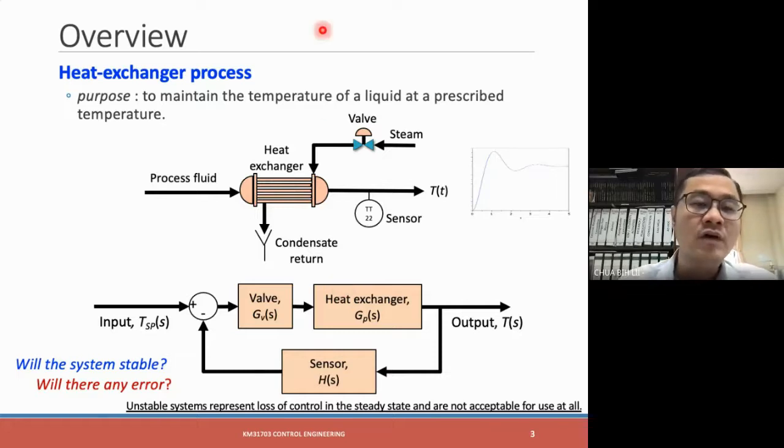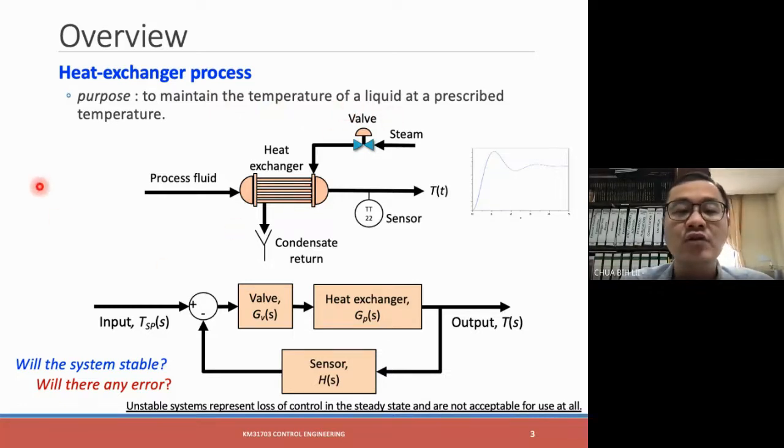So an overview. This is one of the heat exchanger processes that we may see and may want to control. The purpose of the control system is to maintain the temperature of the liquid at a prescribed temperature.